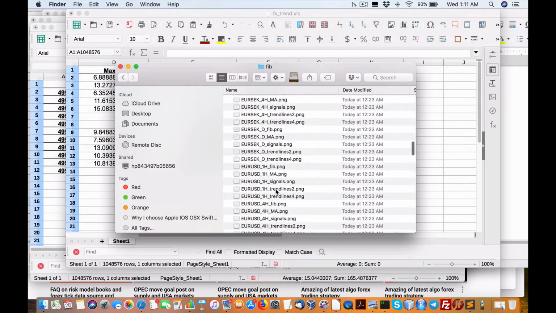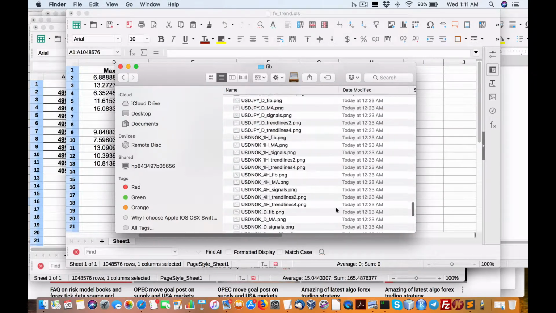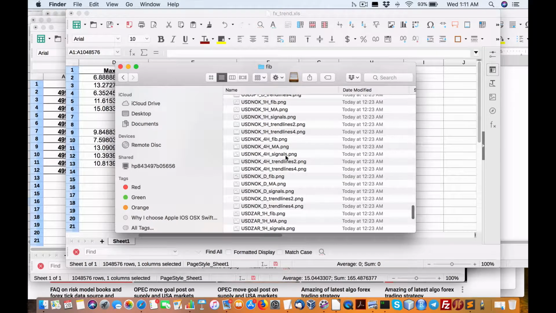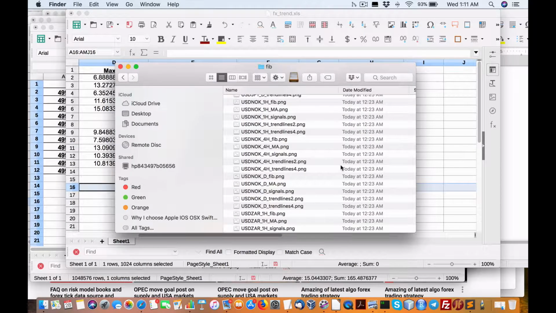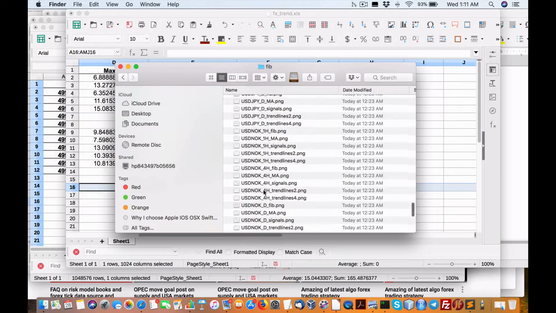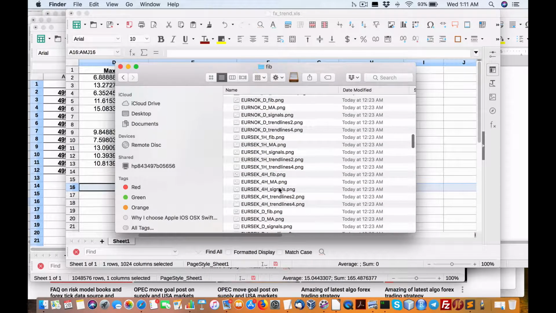To generate these does not take very long. It might take 10, no, maybe 5 minutes for how many pairs we got? Was it 12 pairs? So, it takes 10 minutes, 15, 20 minutes to do a complete analysis to generate these charts and files for trend, Fibonacci, moving average, and signals.